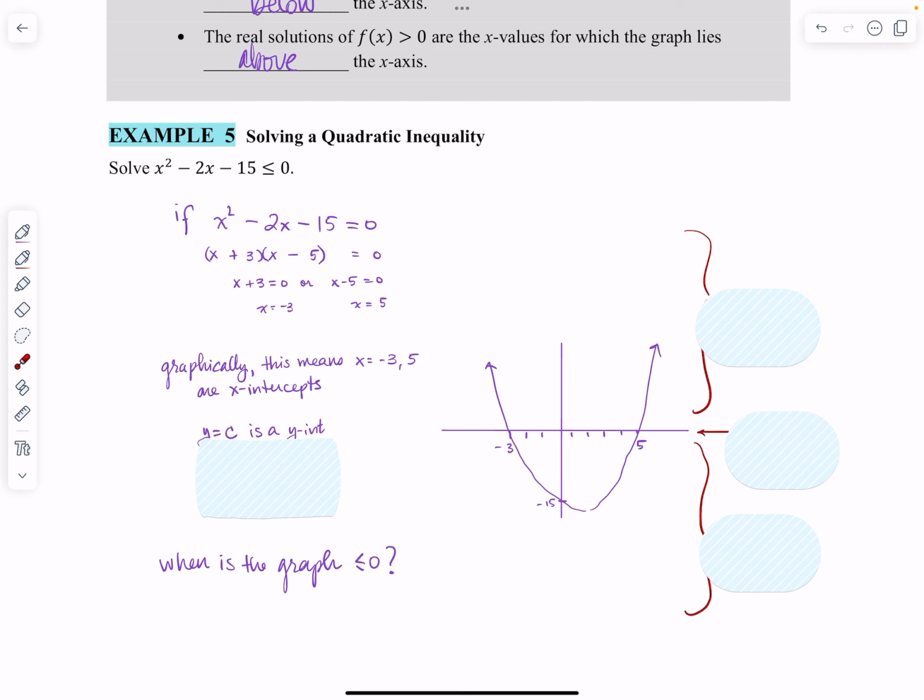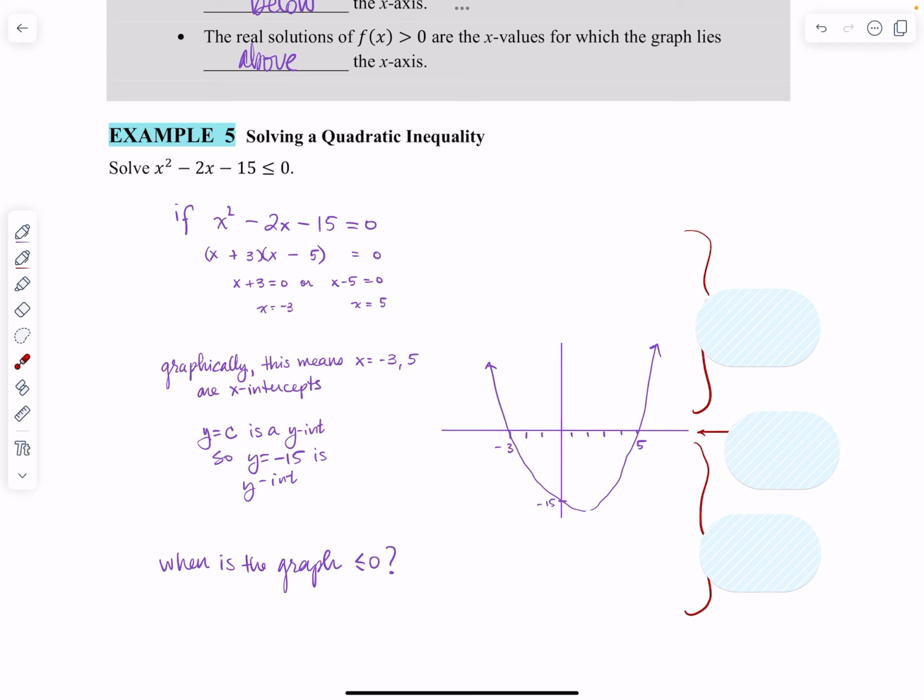Just for free here, notice that my y-intercept is going to be my c value. Since my c value is -15, then y equals -15 is my y-intercept. That's kind of for free there, but we'll use that a lot in the days and weeks to come.